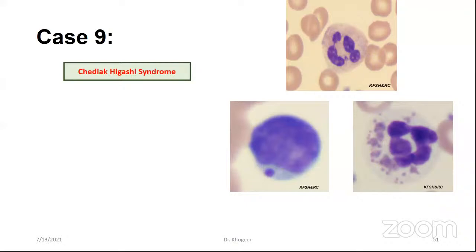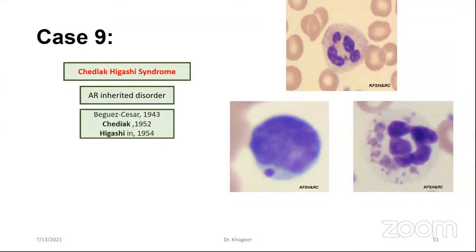Chediak-Higashi syndrome is a rare autosomal recessive condition that was initially described by Beguez Cesar in 1943, Chediak in 1952, and Higashi in 1954.